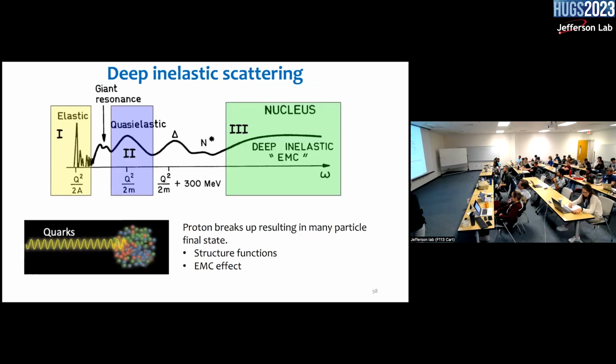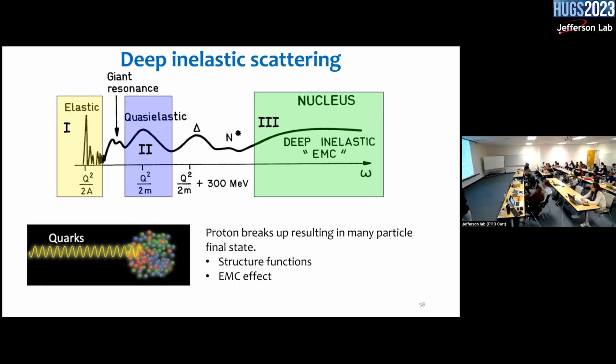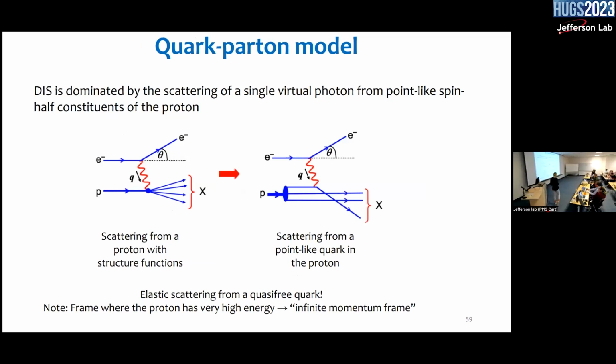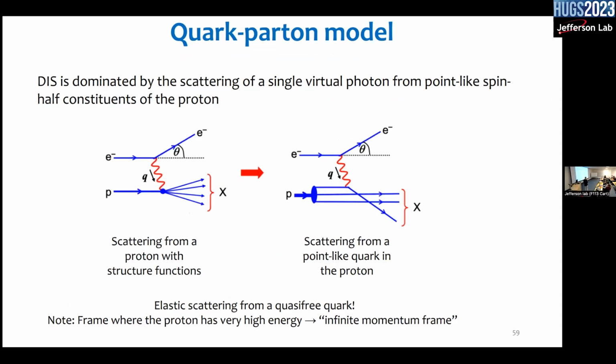Okay, so then we'll talk about deep inelastic scattering. Here we're smashing the proton, and it breaks up into a many-particle final state. Here you have structure functions, and we'll talk about the EMC effect. So we have this idea of the quark parton model. DIS is dominated by the scattering of a single virtual photon with a point-like spin-half constituent of the proton.